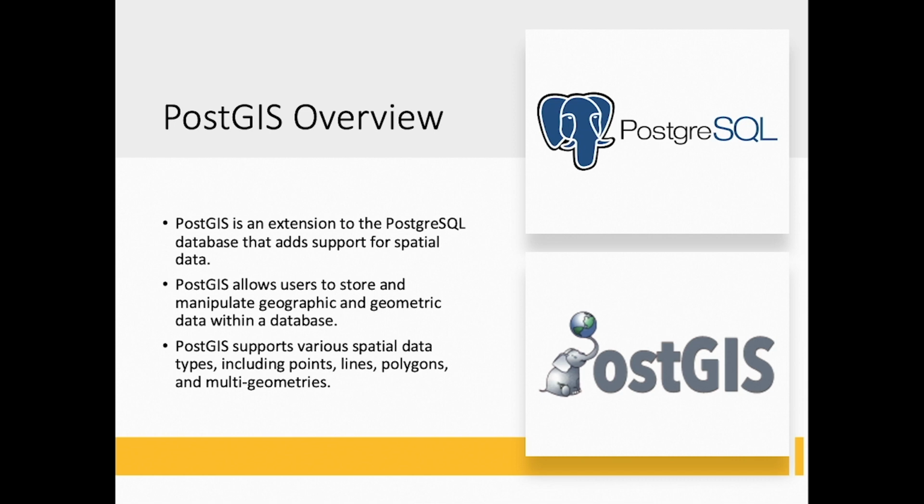PostGIS is an extension to the PostgreSQL database that adds support for spatial data. You can store the data in a relational database without any extension, but you need some support, and that support is provided by PostGIS. You install the extension, and you can add, update, delete, and query geospatial data in PostgreSQL using PostGIS. So the combination of PostgreSQL and PostGIS becomes a geospatial database.